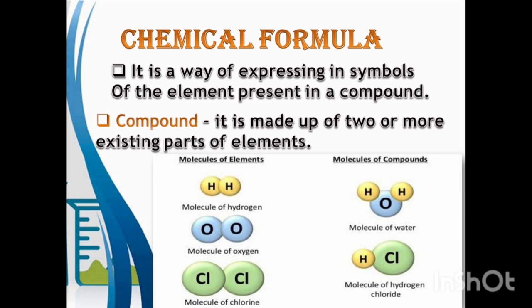For example, in H2O, we have 1 oxygen and 2 hydrogen. Next is hydrogen chloride. It is composed of 1 hydrogen and 1 chlorine.